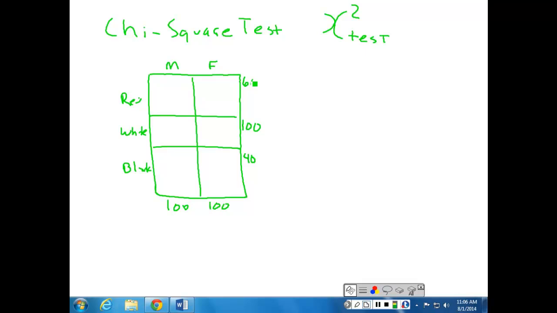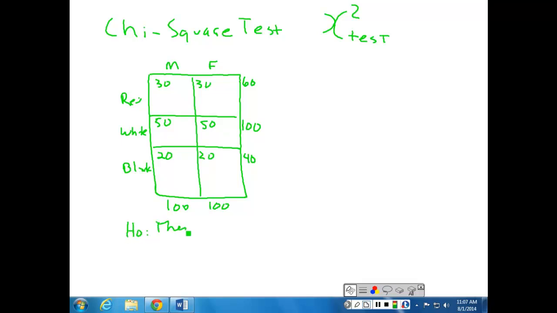30. If there's no relationship, whatever this proportion here, I happen to have a 50-50 split, 100 males and 100 females, so I would expect 30 and 30. There's an even split of males and females, so I would expect that if there's no relationship. So this is H0.